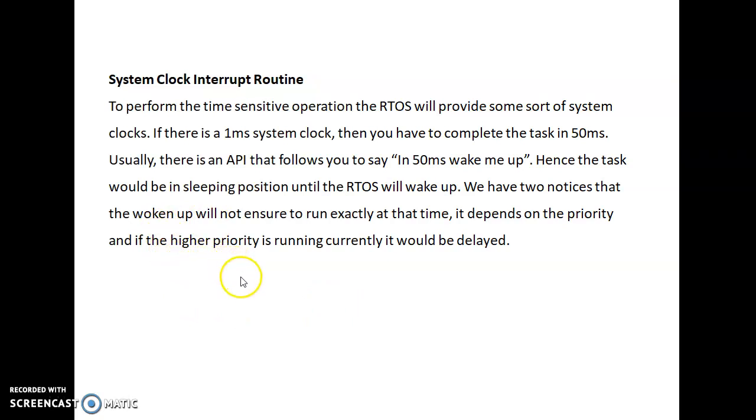Concurrently means the tasks run one by one, but the execution looks like a concurrent execution. So in a real-time operating system, many tasks are run through interrupt routines. The latency period between the two tasks is very less.